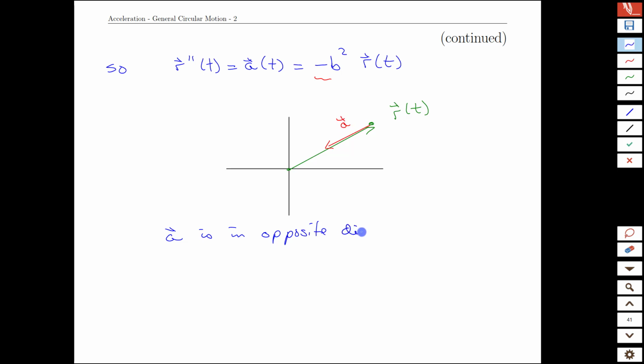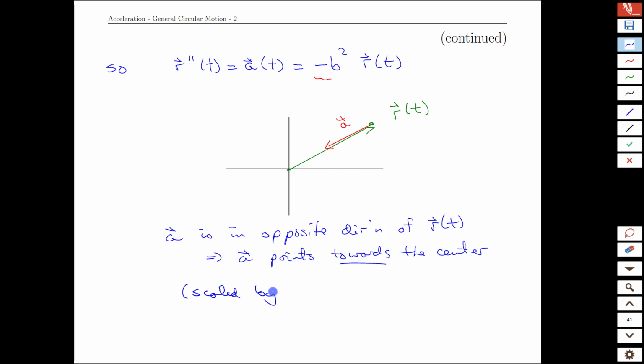Opposite direction of r, and since r by definition points away from the origin, then it means that the acceleration points towards the origin or the center, and it'll be scaled by b squared.